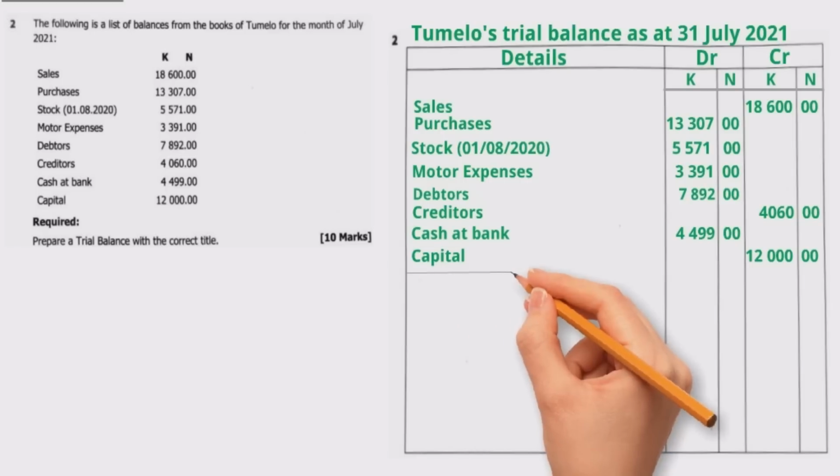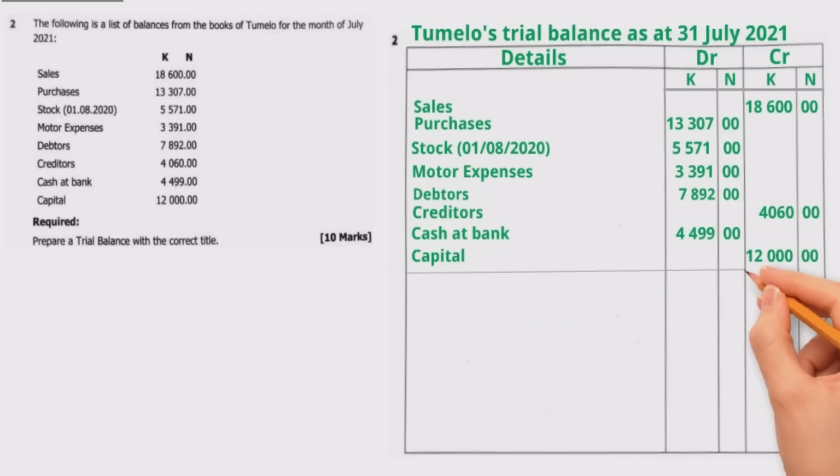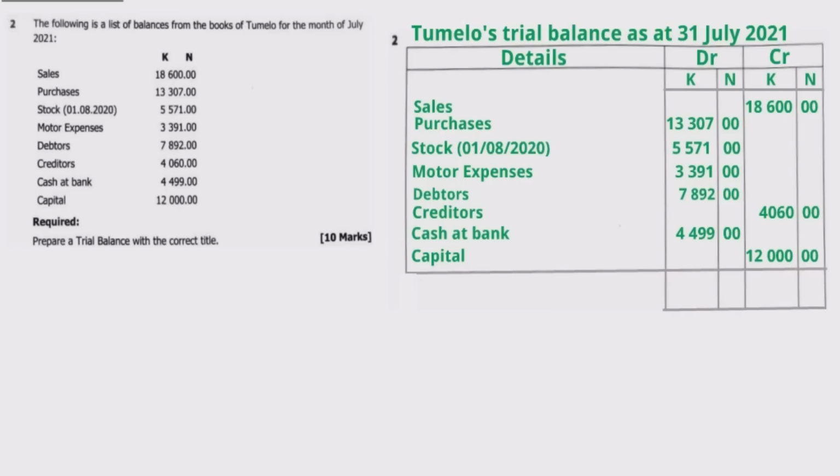Now we have finished entering the details, meaning if we have entered well, then the total we'll find on the credit side and the total on the debit side should be equal. So let's start with the debit side.